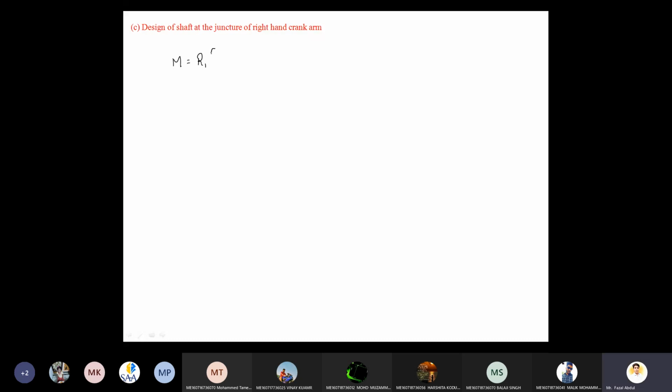R1 into b2 plus Lc by 2 plus t by 2, minus Fq into Lc by 2 plus t by 2. This is the maximum bending moment at the juncture.